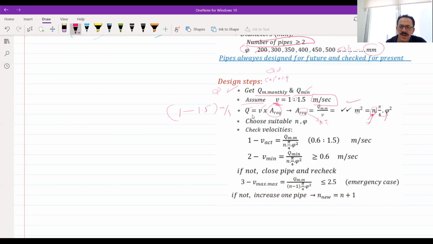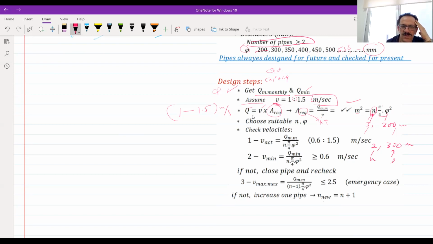Sometimes you may need three pipes, each of them 200 millimeters, or you can say I will use two pipes, each of them 300 millimeters. So this is N, this is D, and they will be used again to recheck the velocities.